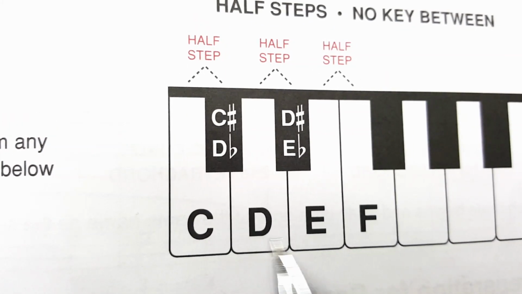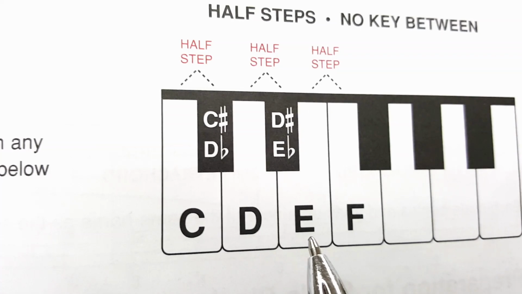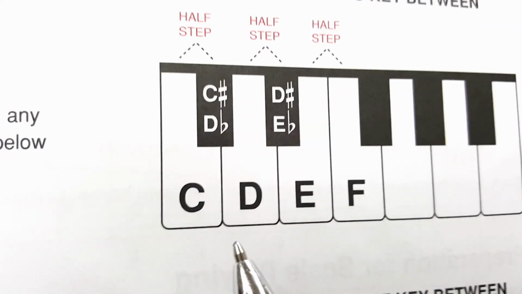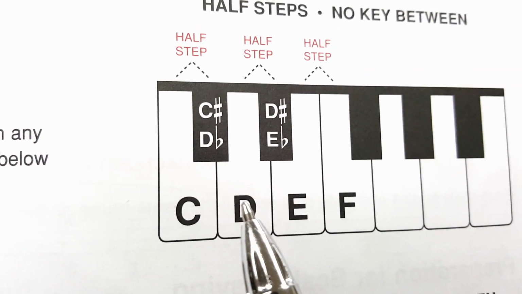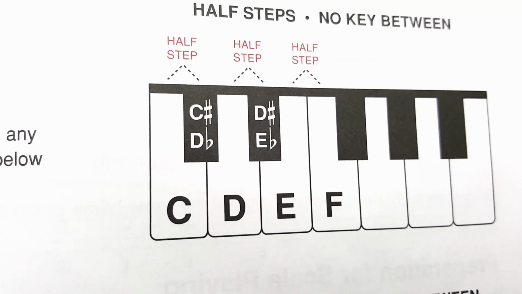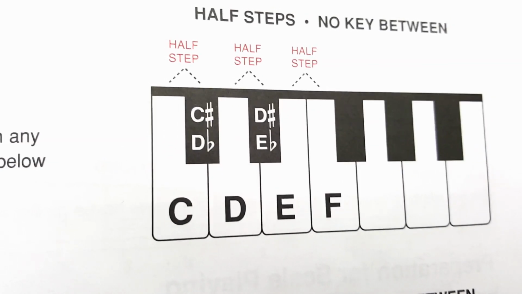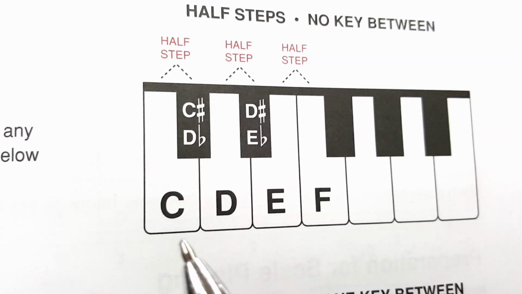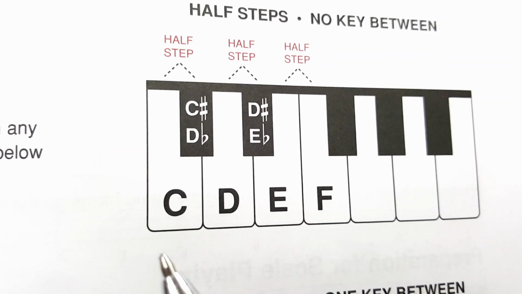But this is an example of how these half steps are working so that you can apply this knowledge to what you're doing with identifying your sharps, flats, and natural signs, which collectively, again, are all called accidentals if they're placed within a measure and not in a key signature.